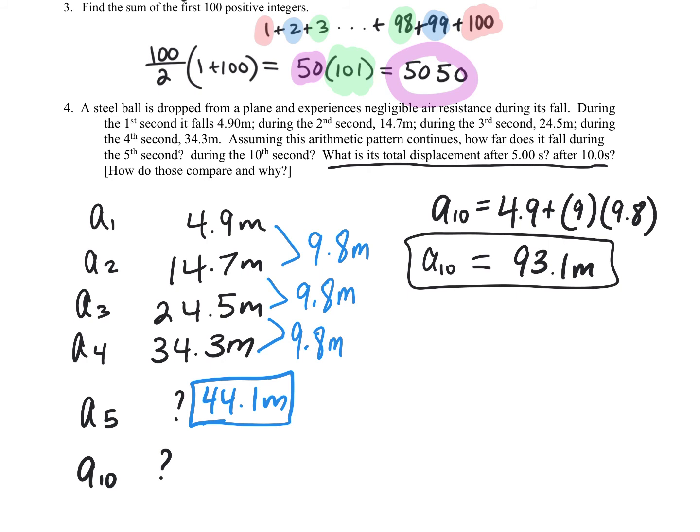The second half of this problem asks about displacement. In other words, how far has this steel ball fallen after 5 seconds, after 10 seconds? So for displacement, I'm really finding two things. I'm finding S of 5, the sum of the first 5, and S of 10, the sum of the first 10 numbers in the sequence.